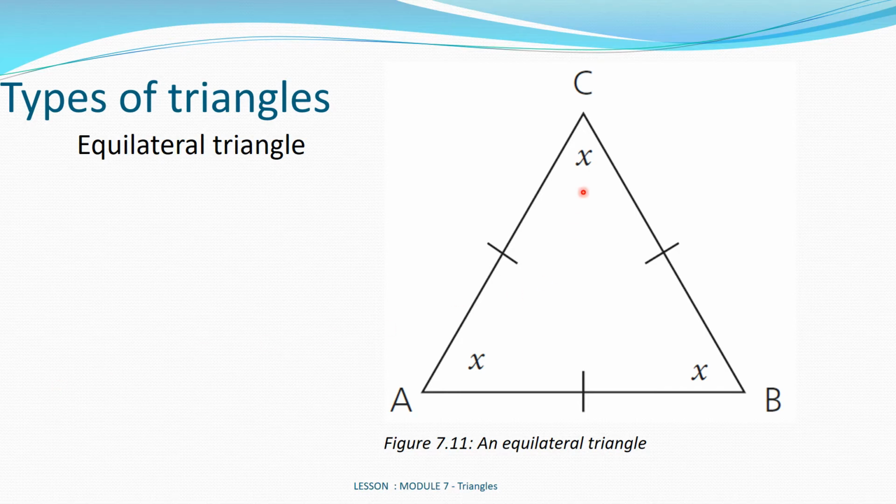So when we look at these given lines, they are not just dashes there. They are telling us that line AB is the same as line BC is the same as line AC, and also angle C is the same as angle A is the same as angle B. So that is an equilateral triangle.